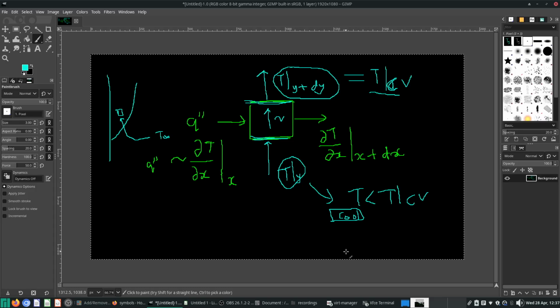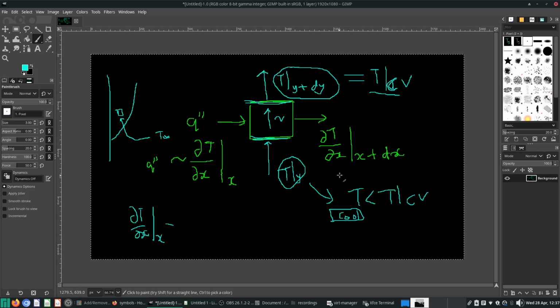So what does this mean? If we were to write all this out, if we were to just write the energy balance equation, what's going in? dT/dx at x. What's going out?